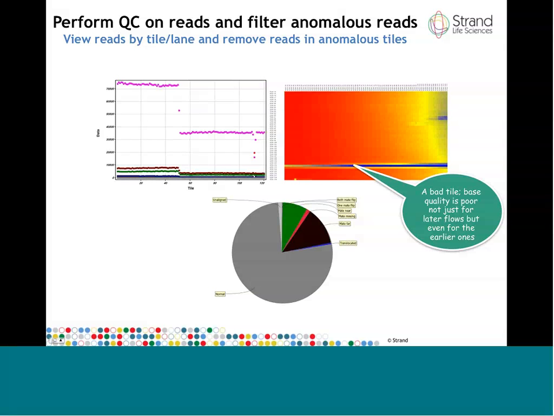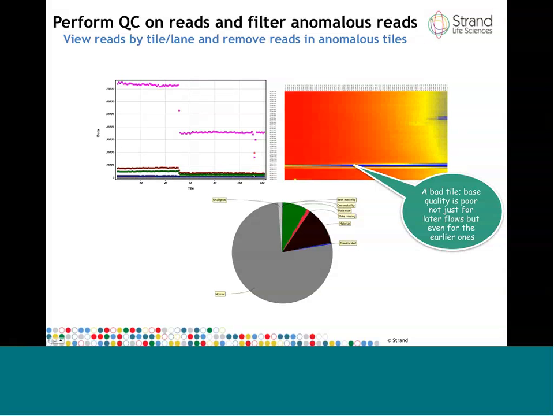Typically, as you go to the right of this heat map, the color turns from red to yellow to blue, indicating that the quality is falling as you go to later flows, meaning from the left end to the right end of the read. But if you see a dip to yellow or blue right at the beginning, as is indicated on this bad tile here, so right at the beginning of the read, the color has gone to yellow.